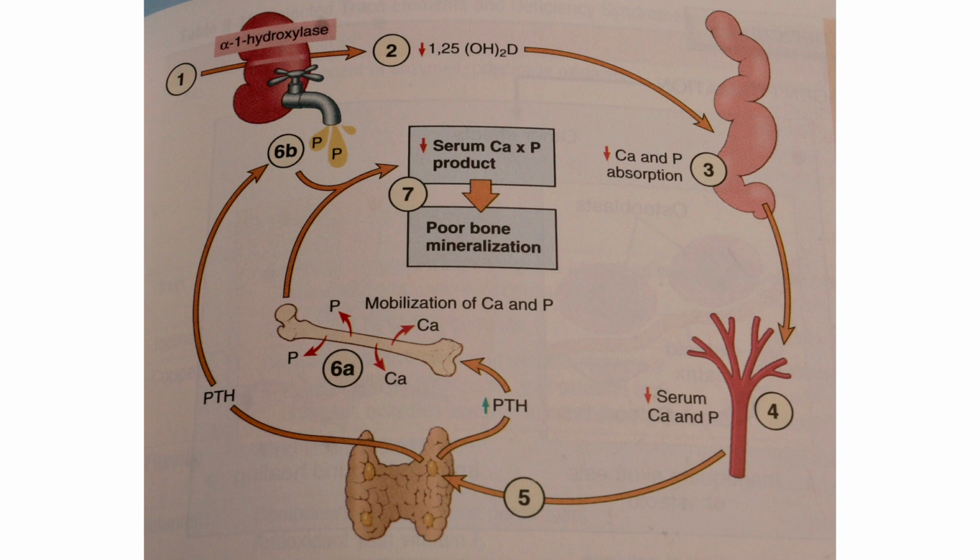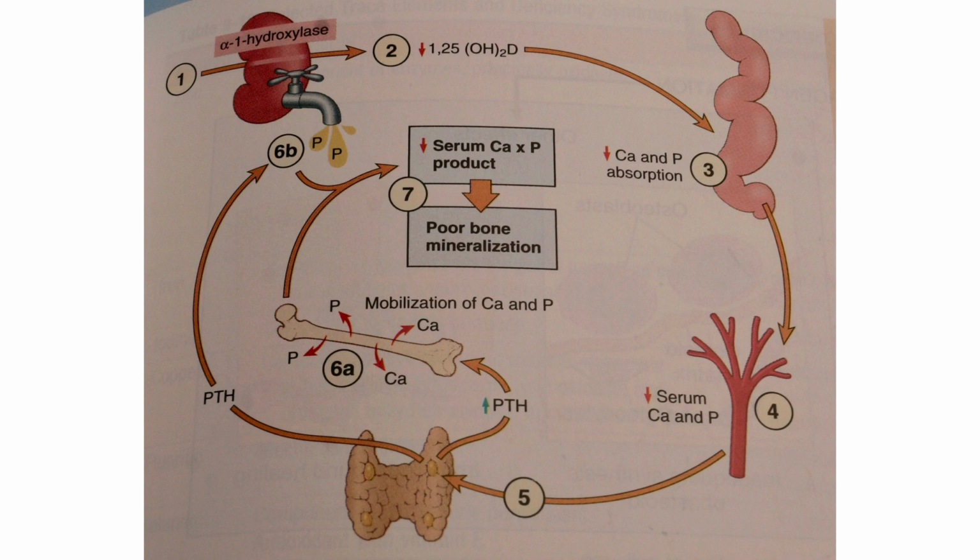So this is a drawing of alpha-1 hydroxylase, where you have the presence of decreased 1,25 dihydroxy vitamin D. This is the active form. There is decreased calcium and phosphate absorption, and decreased serum calcium and phosphate.